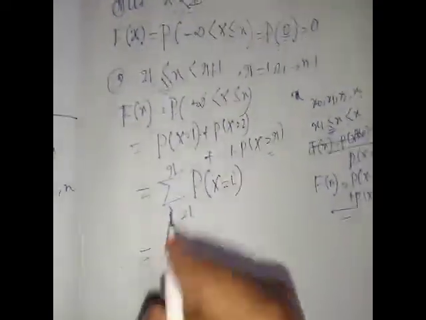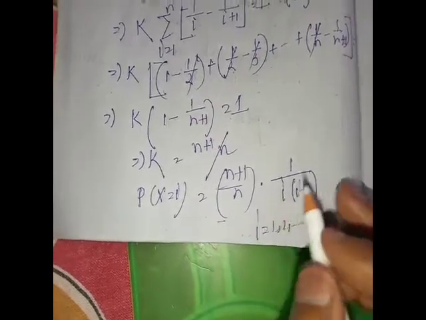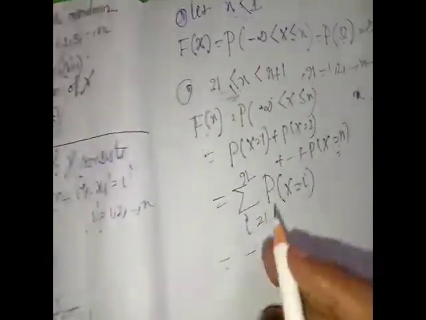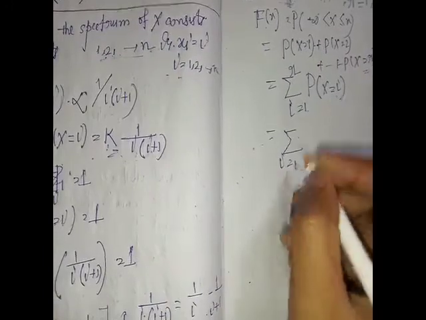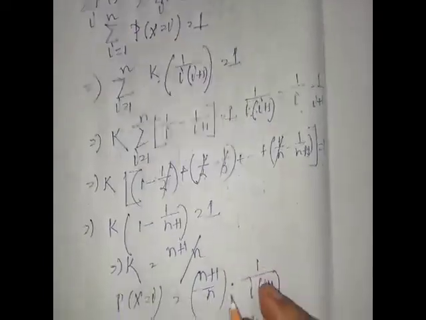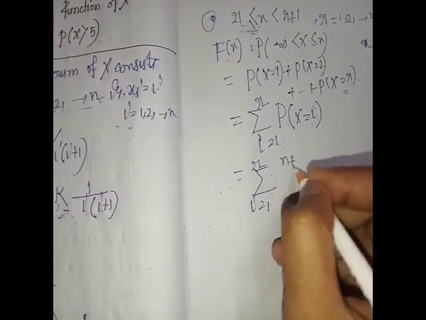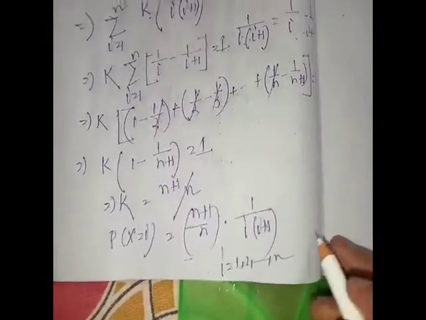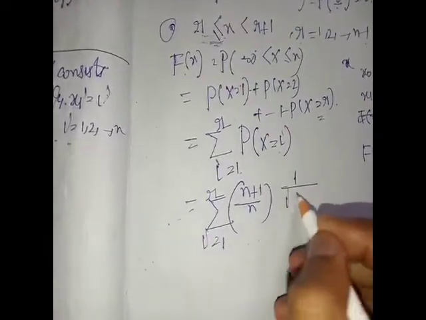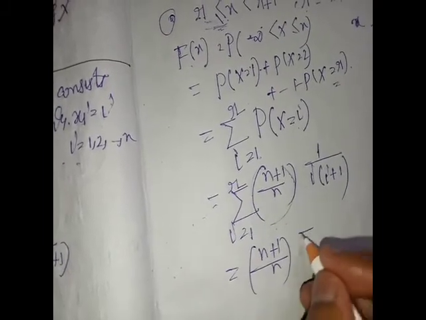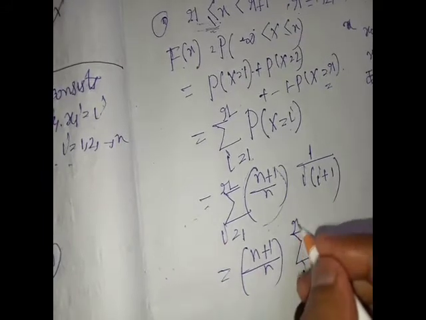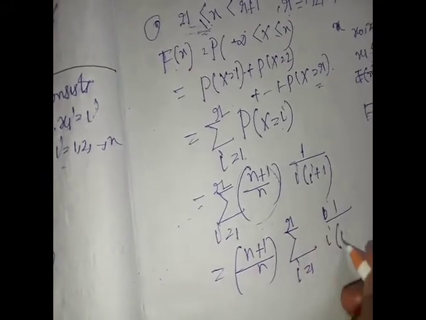The factor (n+1)/n is independent of the summation, so we get (n+1)/n times the summation from 1 to r of 1/(i(i+1)).